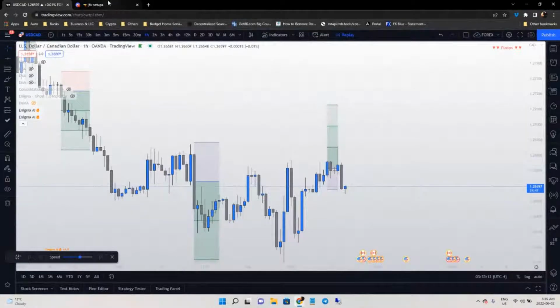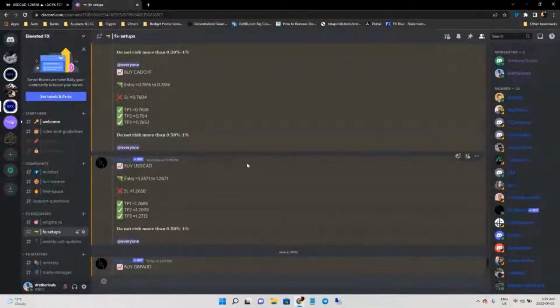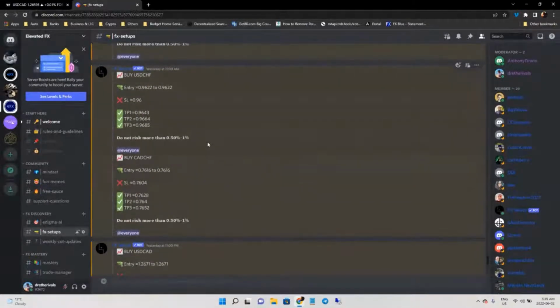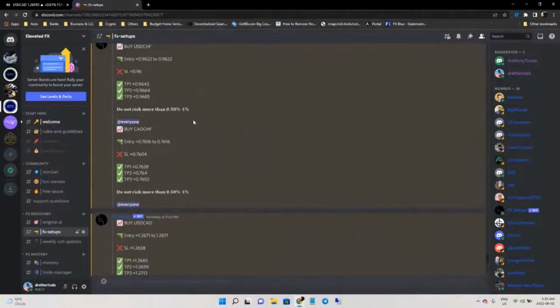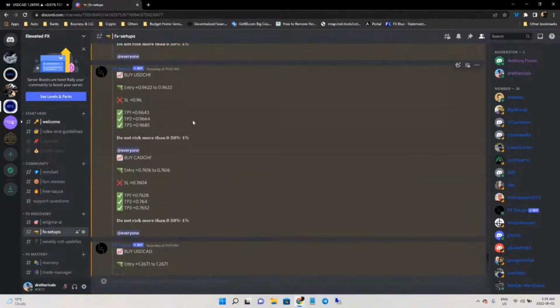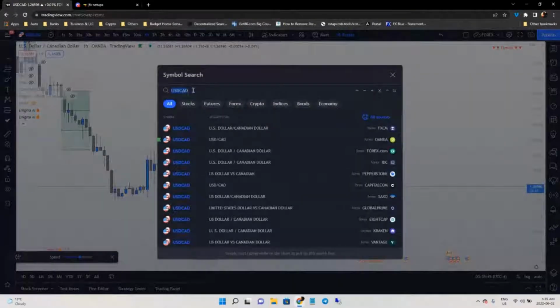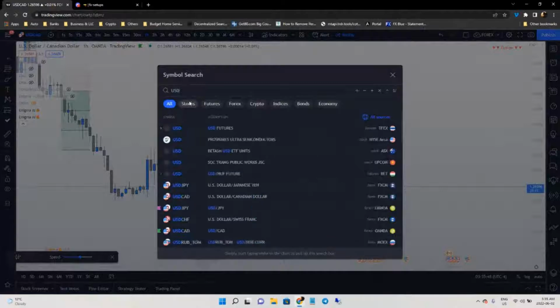Perfect. So, is there any other currency that you want me to look at? And meanwhile, I'm just going to look at the previous signals here that were sent out. So yesterday we had USD Swiss and CAD Swiss. So let's look at the USD Swiss here.